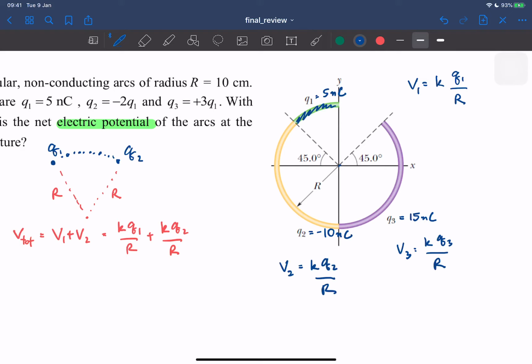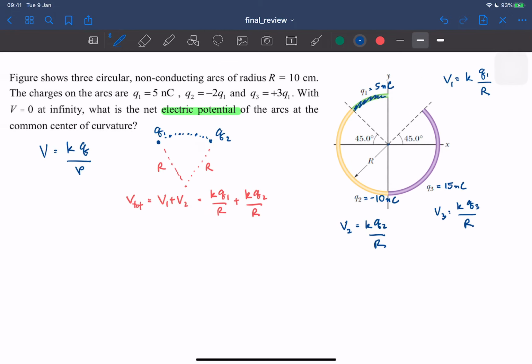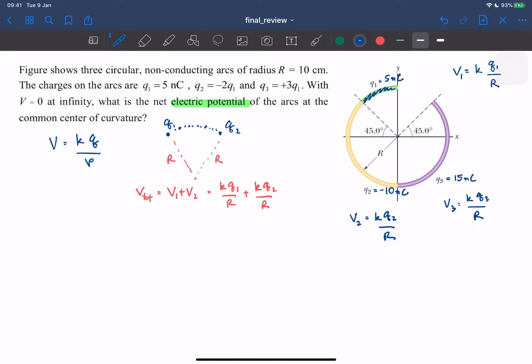Okay, so the total potential, you just add them up. And you can see that this 45 degree number here is actually not really relevant for this problem. I think it's there just to confuse you, to maybe make you think about the electric field instead. So we don't use that here.